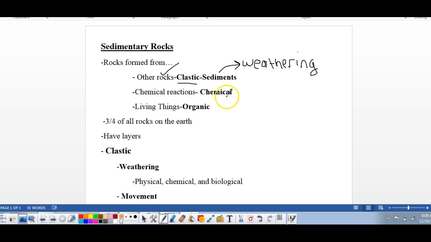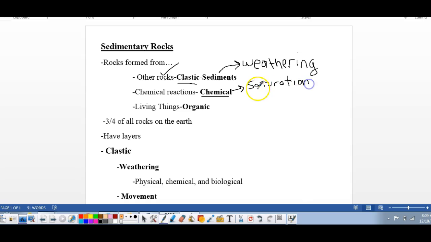Then we also have something called a chemical sedimentary rock, and this is where water acts in two ways. Saturation is one process, where there's so much of a chemical in water that that chemical gets mixed into the rock.